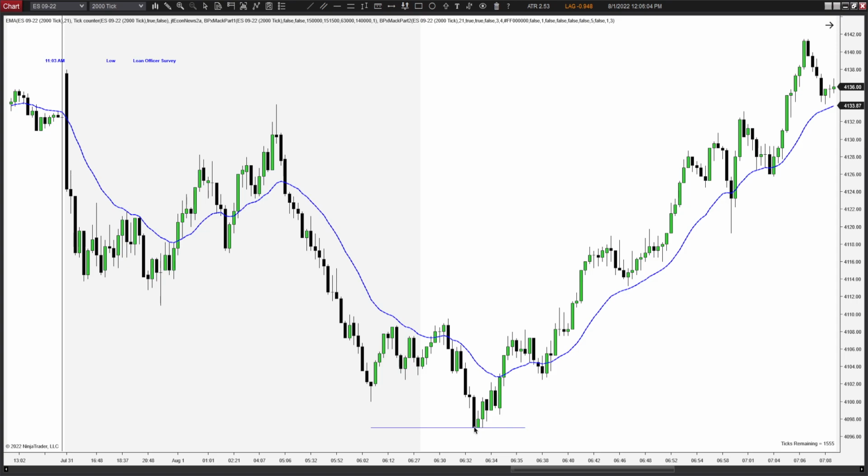So you would start to look for your first entry short, second entry short, possible third entry short from down here. So then we have another first entry short. On this bar, even though it's a bullish bar, it broke below its previous bar's low. So that's a first entry short.